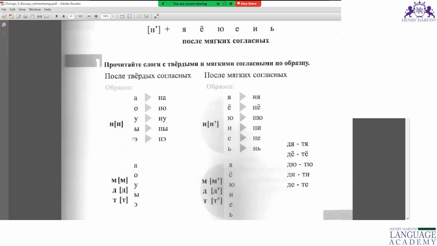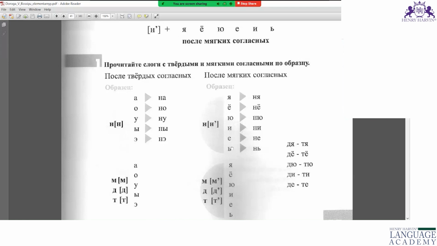These are vowels. We connect them to the consonant N. What you see in square brackets is just a transcription. We just ignore it for now. So Na, No, Nu, Ny, Ne.